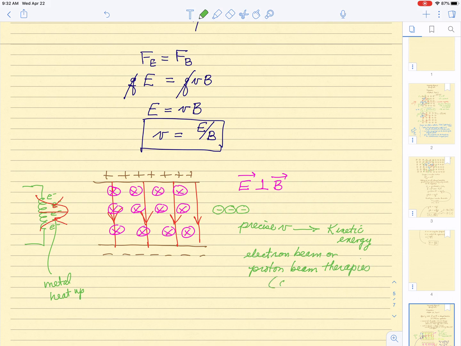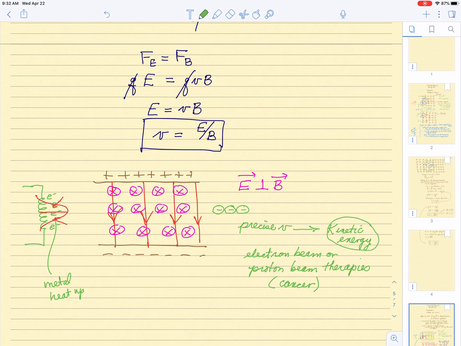And that's for cancer treatment. There's a very big proton beam facility over at the University of Pennsylvania, and it's really good for treating some cancers. It actually has a very good efficacy. But in order to do that, you have to know how much energy you're depositing at the tumor site.